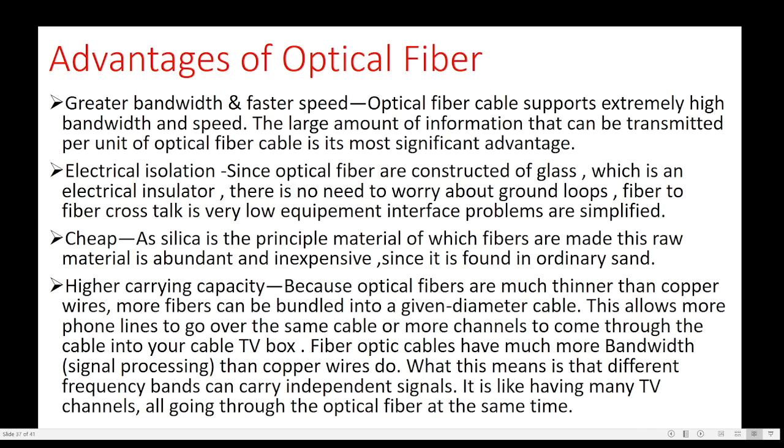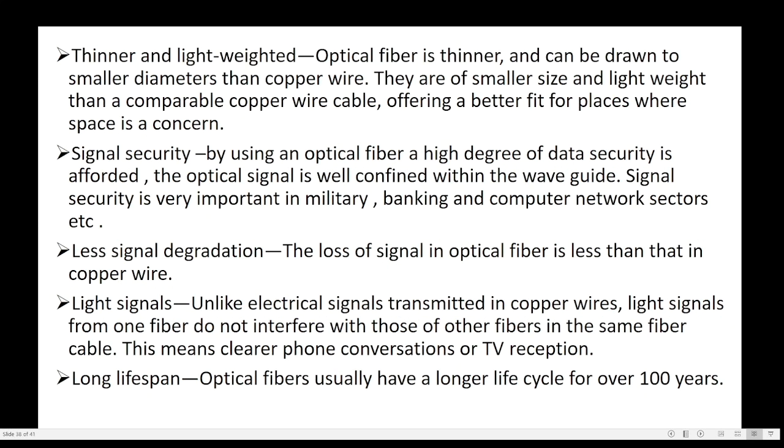Fiber optic cable has much more bandwidth than copper wire according to the weight and the thinner diameter. Optical fiber is thinner and can be drawn into a smaller diameter than copper wire. They are smaller in size and lighter in weight than traditional cables.